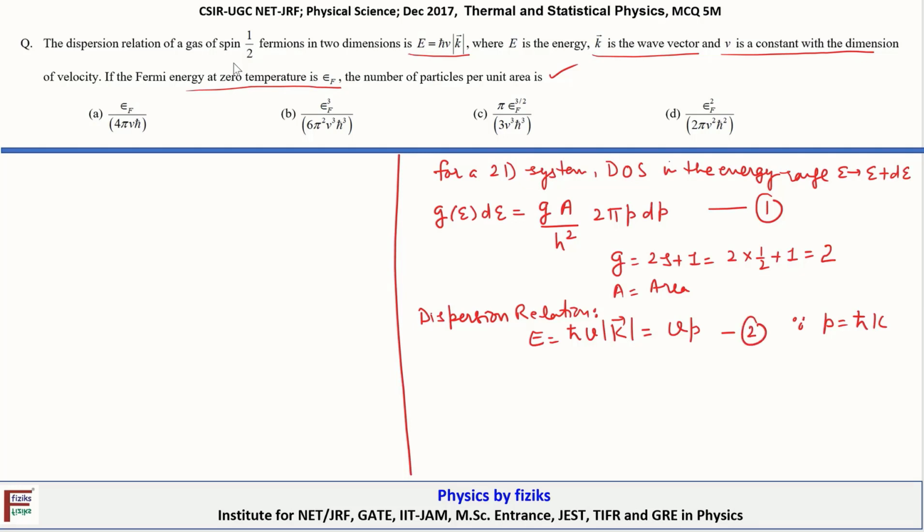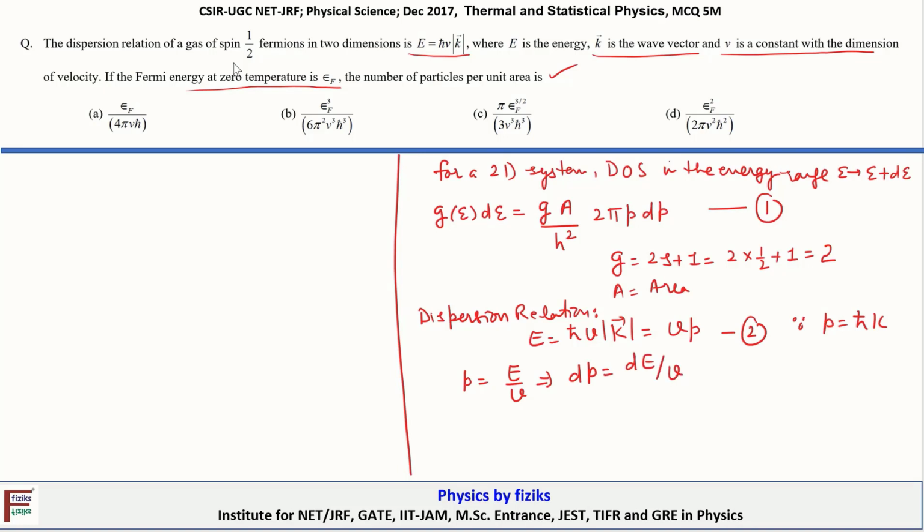So from equation 2, what we notice is p is equal to E divided by v. This implies dp is equal to dE by v.